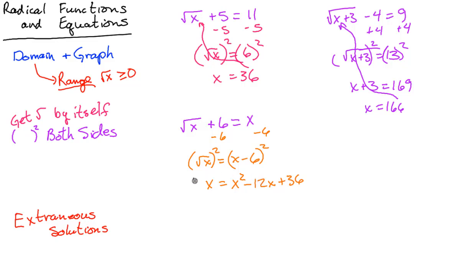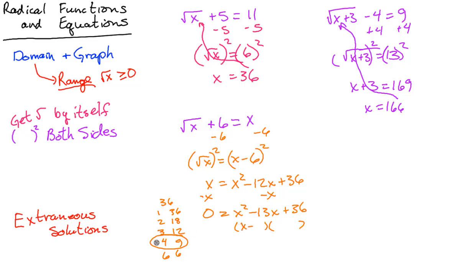All right, this is now a polynomial equation. How did we do that? We get it equal to 0. And so we have 0 equals x squared minus 13x plus 36. We factor it. This is a trinomial with leading coefficient 1. So we've got to find the numbers that multiply to 36, which are 1 and 36, 2 and 18, 3 and 12, 4 and 9, 6 and 6, and those are they right there.